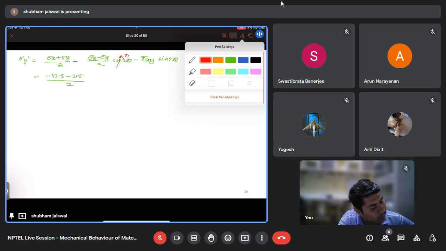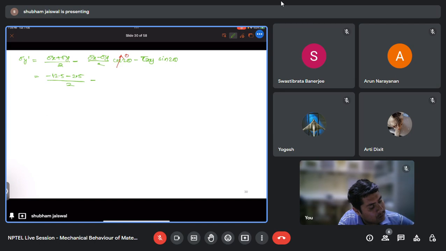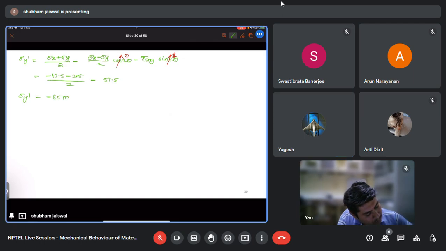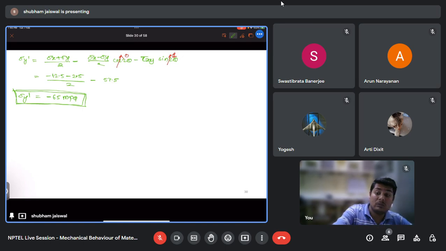So we are left with minus tau xy, and sin 90 is 1. How much is tau xy? 57.5. Now tell me the value of sigma y prime. Minus 65. Minus 65 megapascal. So this is how we have calculated the answer to this question.